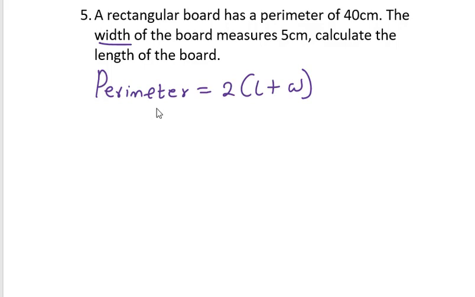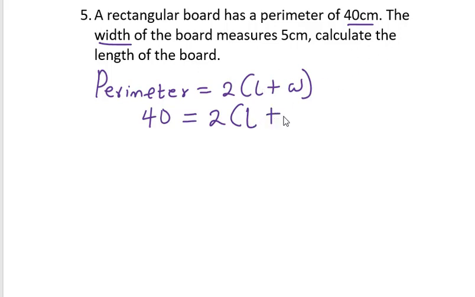Now putting down the formula for what the problem is makes it very much easy, so you don't need to start adding anything because you can't really see every value. So perimeter was given as 40, you can see that is equal to 2 brackets. They say the width of the board measures 5 cm, so we don't know length because they asked us to calculate the length, so just leave length as a variable there.